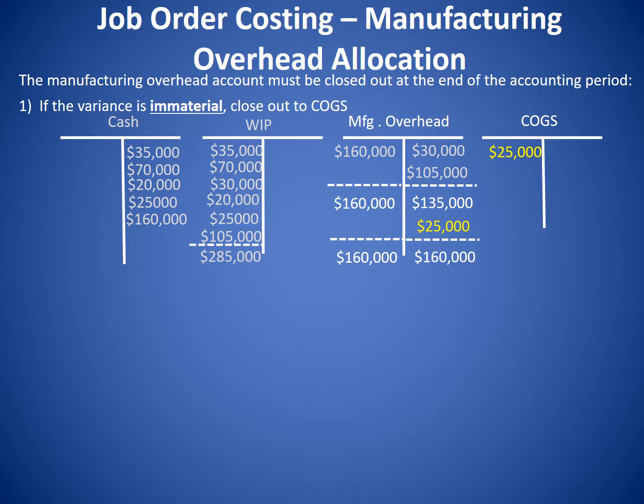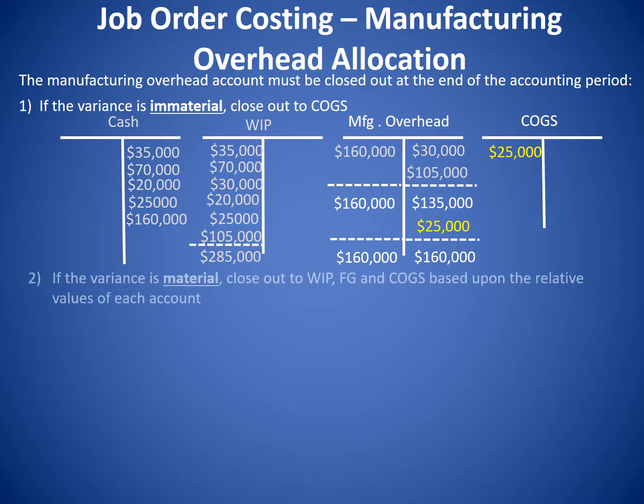So in effect, I've zeroed out the manufacturing overhead account by transferring that additional $25,000 to cost of goods sold. So if the variance, or this difference, is not material to the financial statements, I'll just simply close the difference out from manufacturing overhead to cost of goods sold.